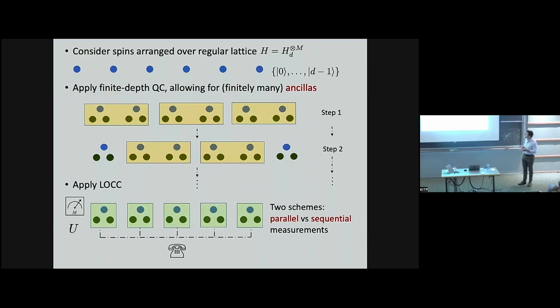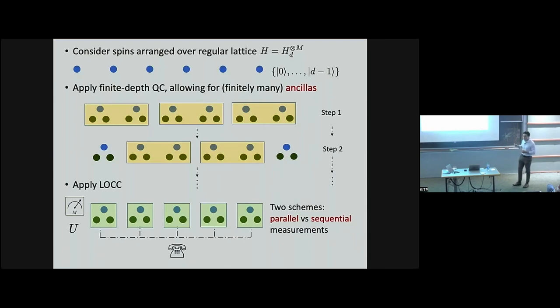And there are two important comments. So first, the finite number of ancillas per site could be lifted, but then you have to restrict a bit the geometry of the circuits. But more importantly, we have at least two ways in which we can meaningfully apply these LOCC operations, and it pertains to how you do the measurements. One, which is very natural, is measuring all the ancillas at the same time, and then doing some classical communication and processing of this data, or you could do some sequential measuring and operation.